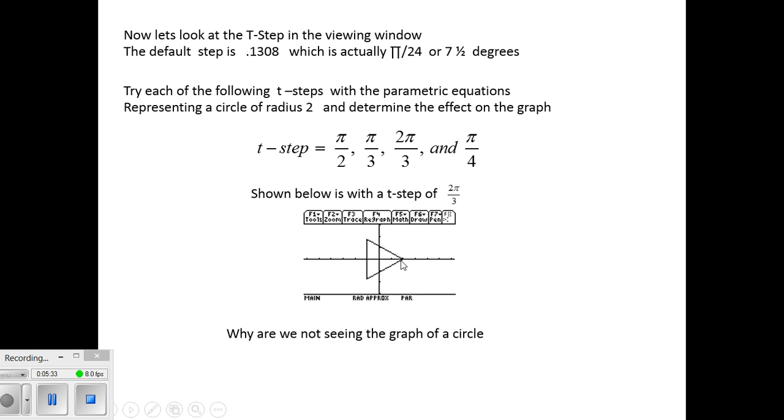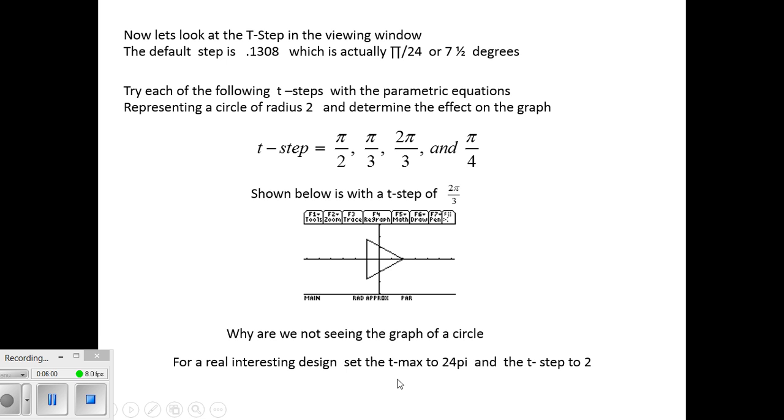So we start here, go to 120, go to 240, 360, and you're done. Make a hypothesis about what kind of polygon is going to be generated with these kinds of t-steps. Again, we'll illustrate that with the calculator.